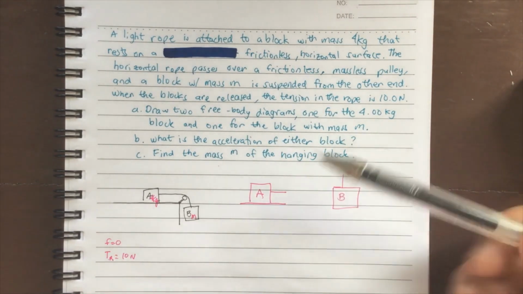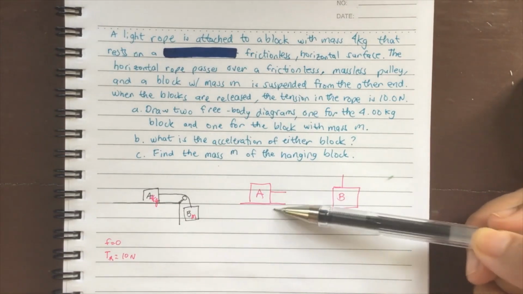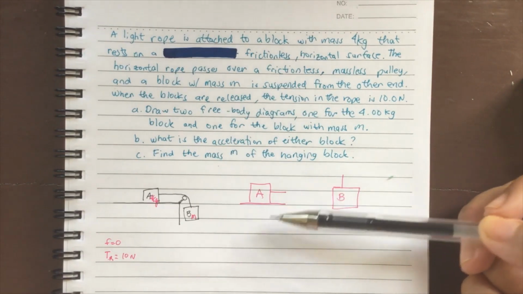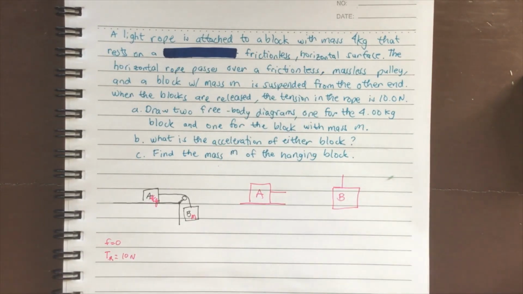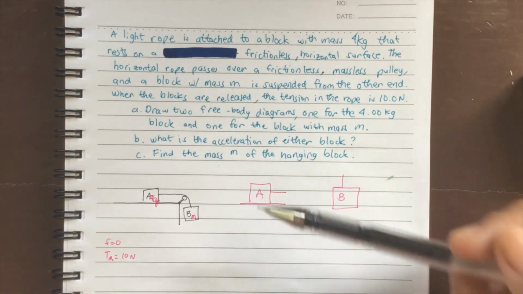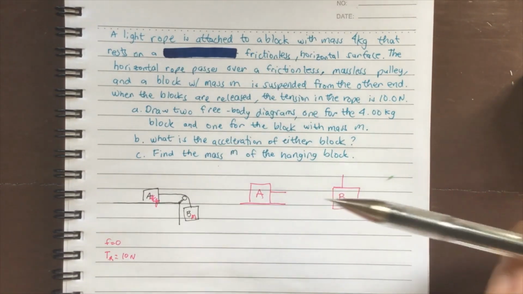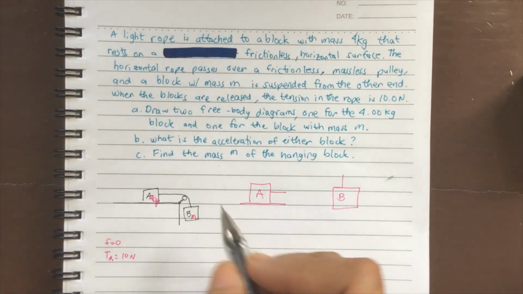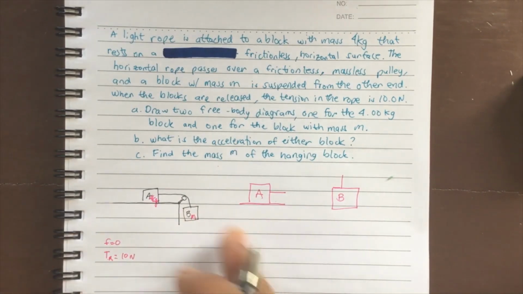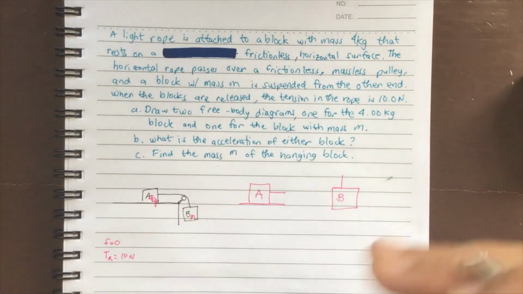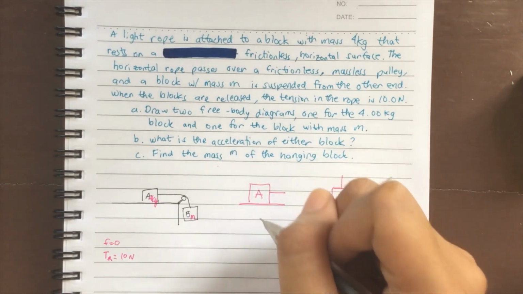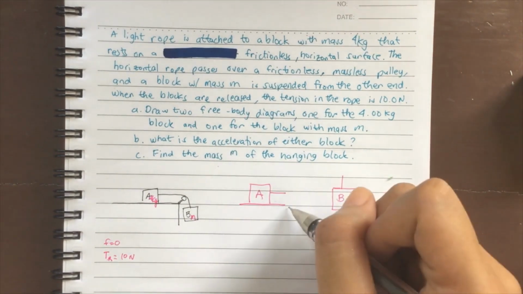So after separating the two objects, let us now identify the forces involved in each object. Since this one is on a surface, it will automatically have the following forces. The first one is your weight. Block A will have its weight, and again, weight is drawn perpendicular to the ground. Since it's horizontal, your surface will also be parallel with your ground.